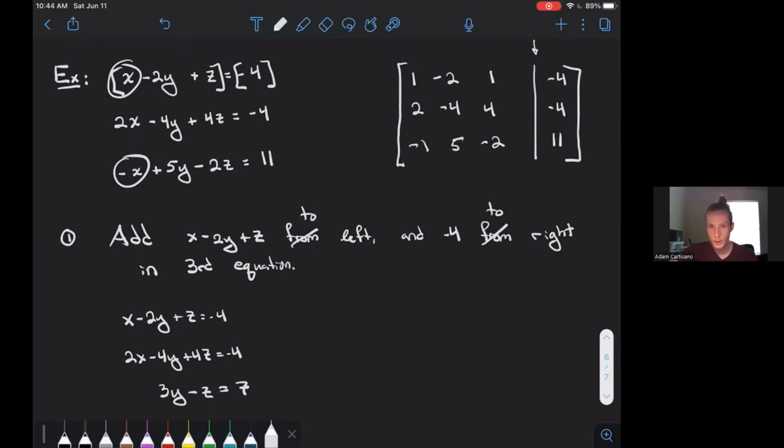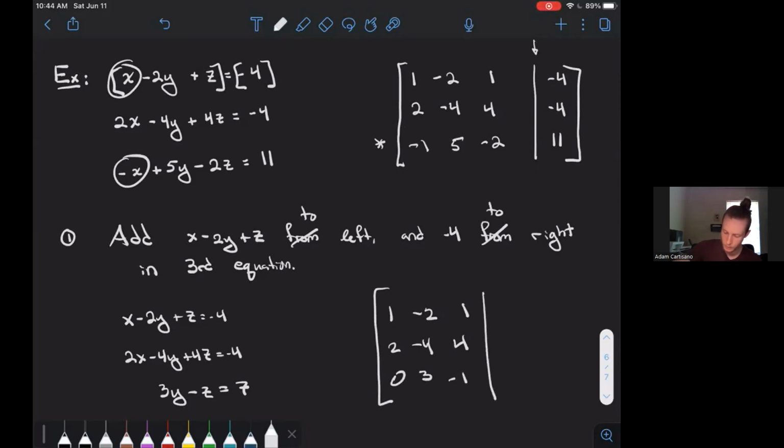Let's see if we can do something with the second equation. By the way, notice we could have done it an even faster way if we had appealed to the augmented matrix. If I just add the first row to the last row, I get 0 when I add 1 and -1, 3 when I add -2 and 5, and -1 when I add 1 and -2, augmented with -4, -4, and then adding -4 and 11, I get 7.